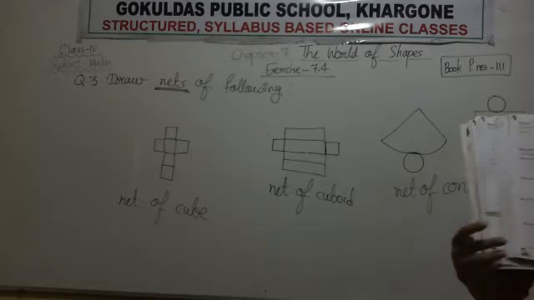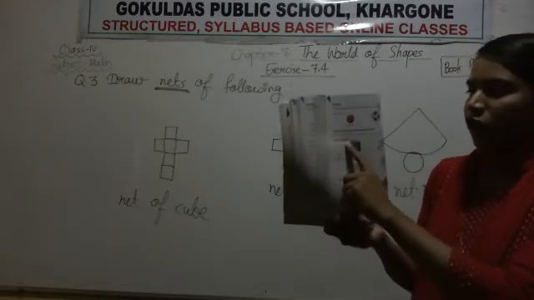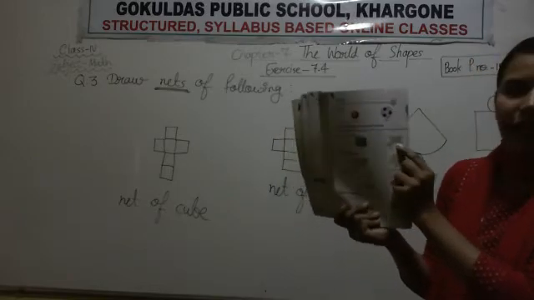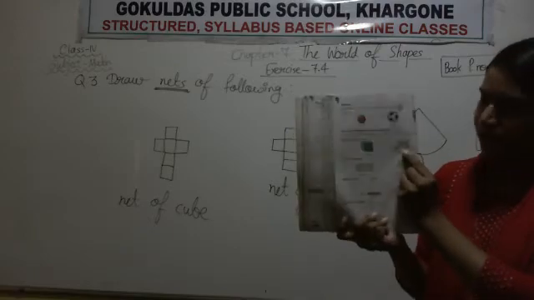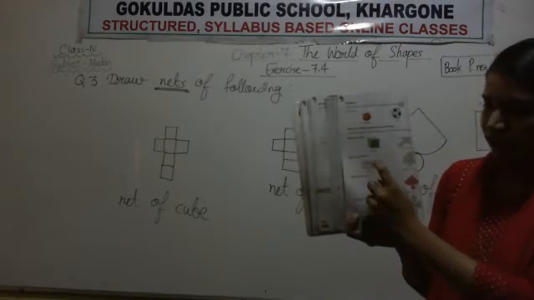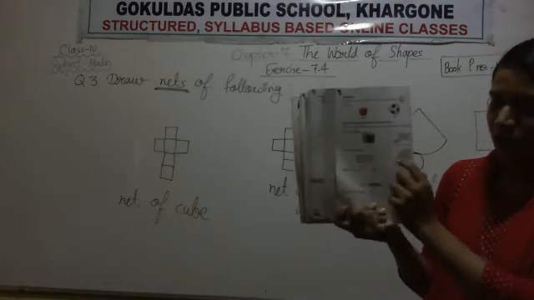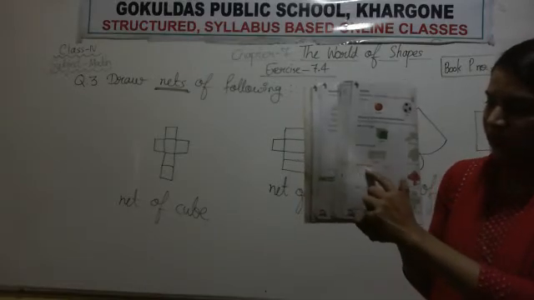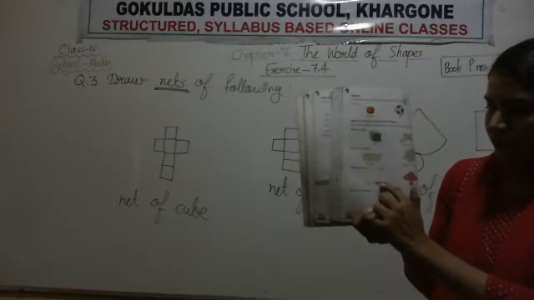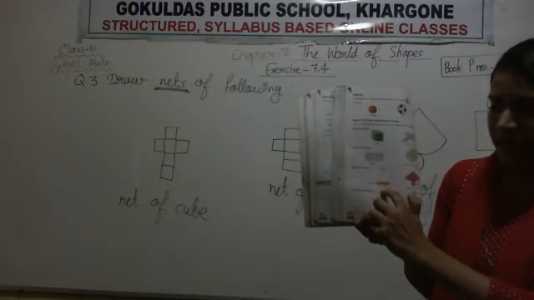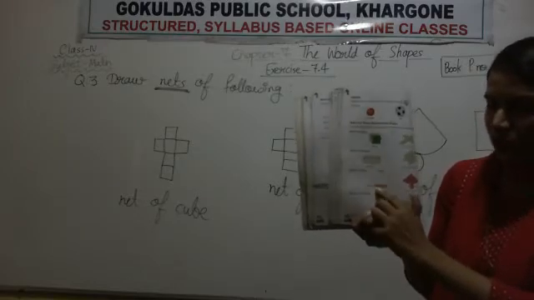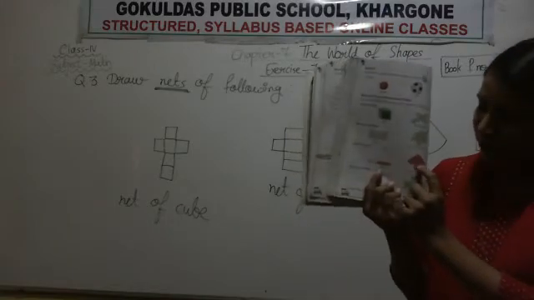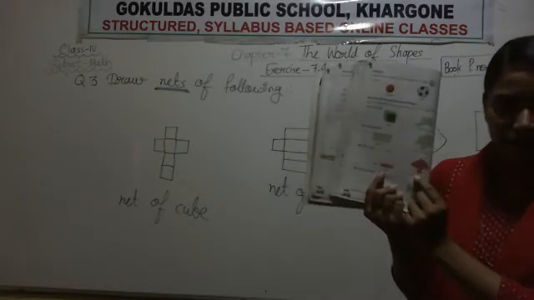And you can observe the net of a cube. When we open this cuboid box, we get the net of the cuboid. Next, the net of a cone. It has a vertex and a base, and it is known as a cone. When we open it, we get a curved surface and one circular base, right?